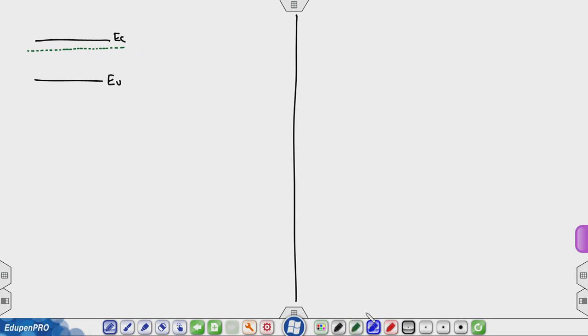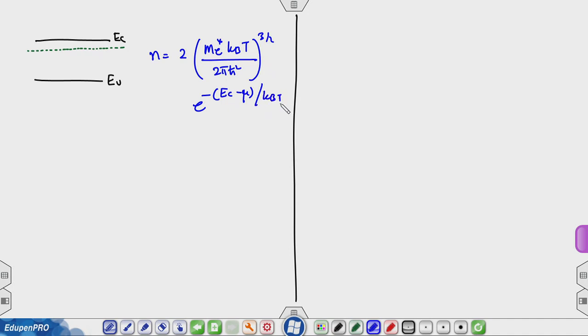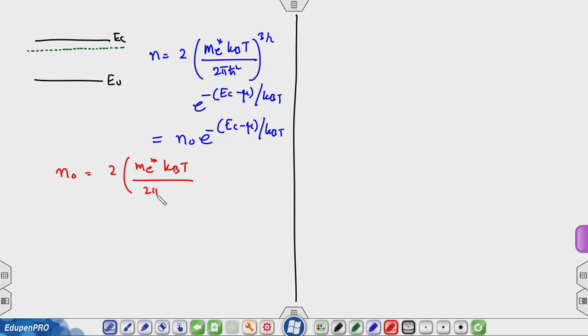So, I have n equals 2 m e star k b T over 2 pi h cross square raised to 3 by 2 e raised to minus E c minus mu over k b T, which I am going to write as n 0 e raised to minus E c minus mu over k b T. Here n 0 is equal to 2 m e star k b T over 2 pi h cross square raised to 3 by 2.